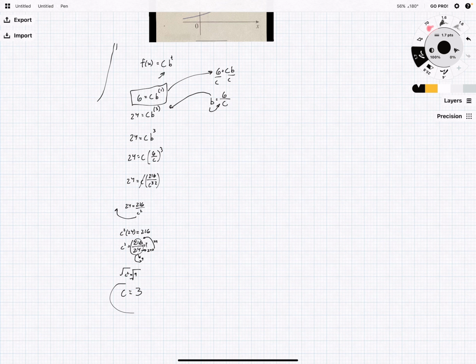So now let's go ahead and plug this 3 into equation 1. So we have equation 1, 6 equals c b to the 1. 6 equals 3 times b. There we go. So now we'll divide by 3. 6 divided by 3 equals b, and b equals 2. So we have c equals 3, b equals 2.